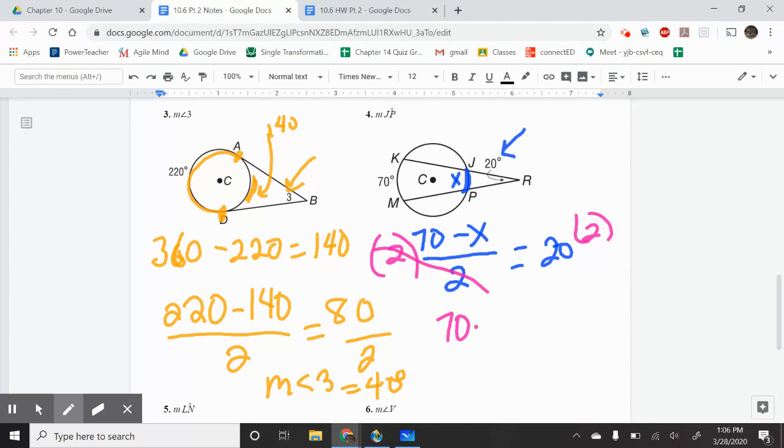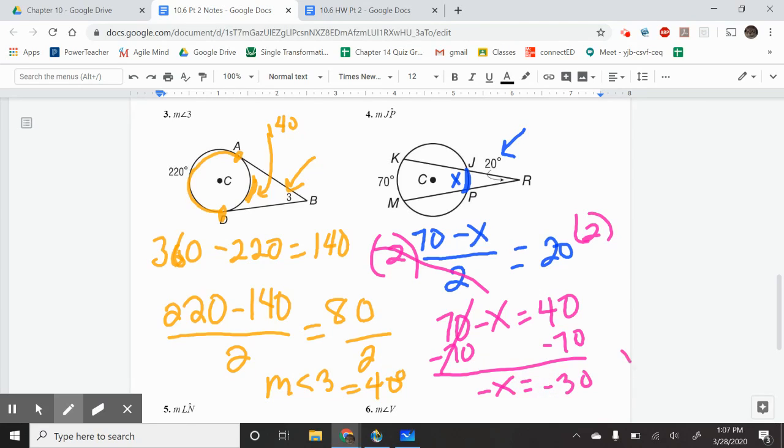So 70 minus x is equal to 40. Subtract 70 from each side. Be careful here. Negative x is equal to negative 30. Therefore, positive x is equal to positive 30. And that's degrees. So measure of arc JP, like that, is equal to 30 degrees.